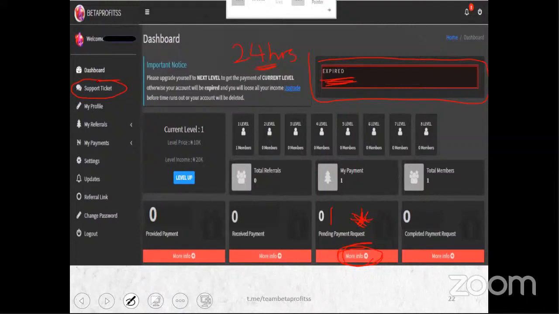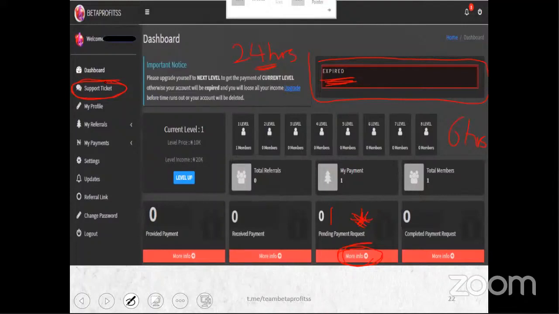If you have paid somebody, and this person has delayed over the 6 hours time mark for them to approve your payment, the same thing as well, always go to support. Always go to support and make a new ticket to report that, yes, they have exceeded the 6 hours time mark to accept a payment.